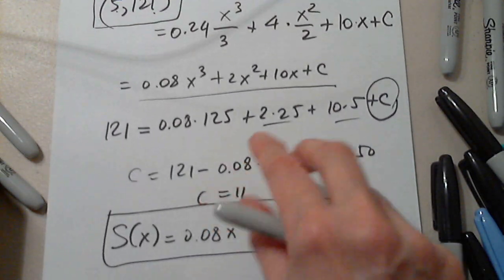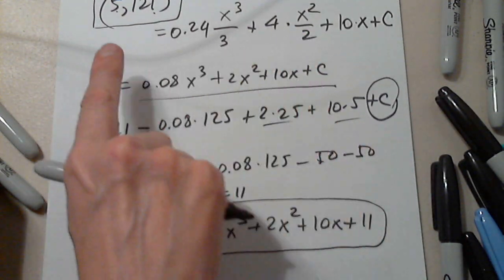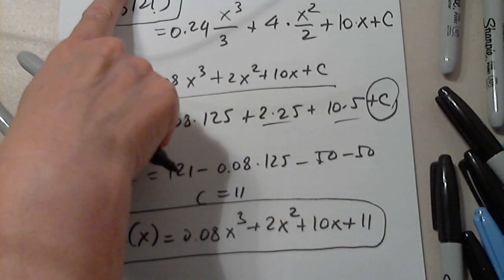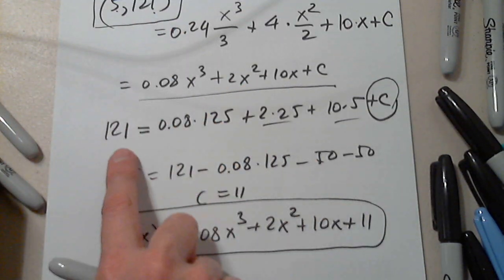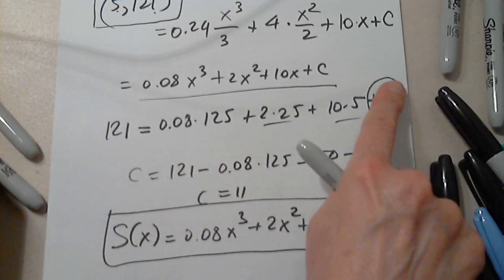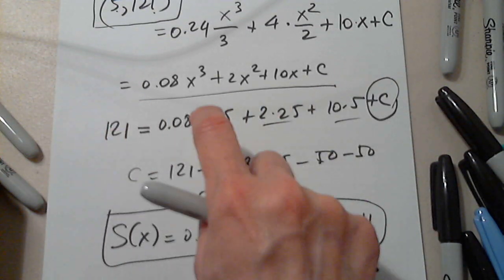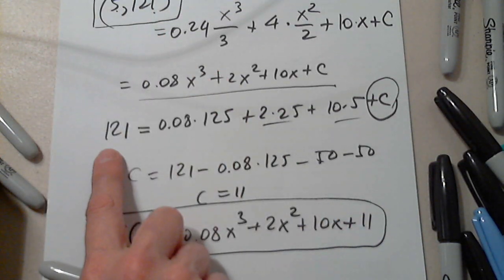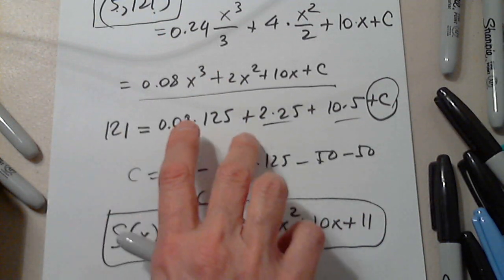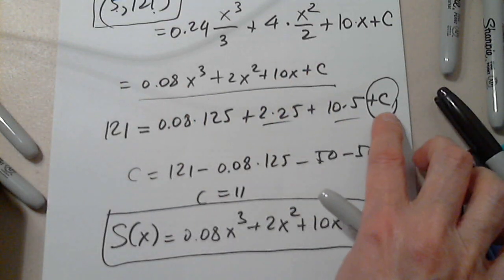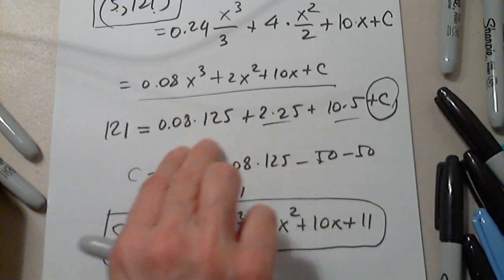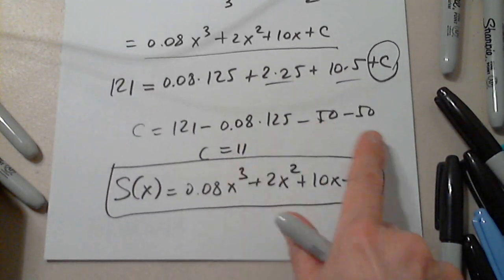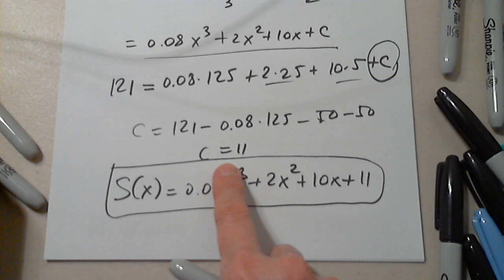But now we narrow it down to only one because we were given that when x is 5, the function s of x is 121. We created this equation. We plugged in x, which is 5. We replaced s of x by 121. This is all algebra. I moved these three pieces to the other side to find c. 121 minus this, minus this, minus this. After all the calculations were completed, we got c equals 11.